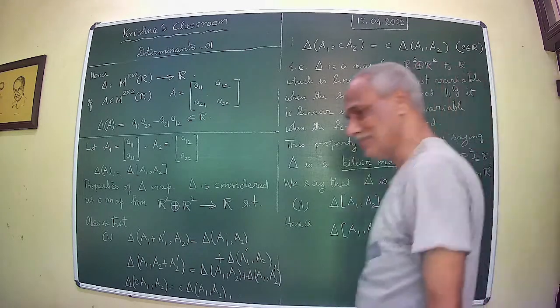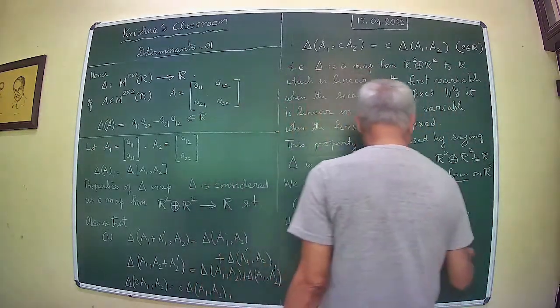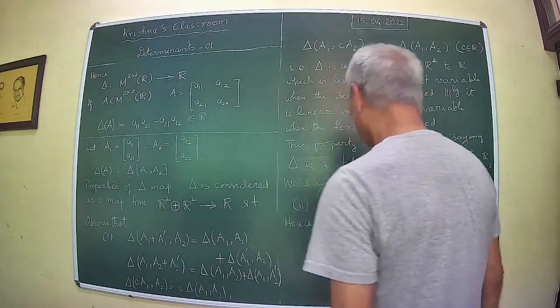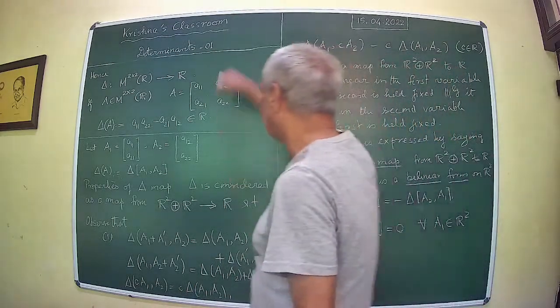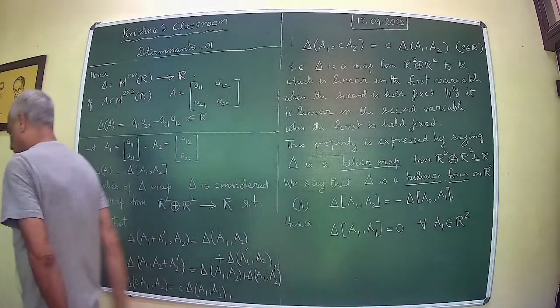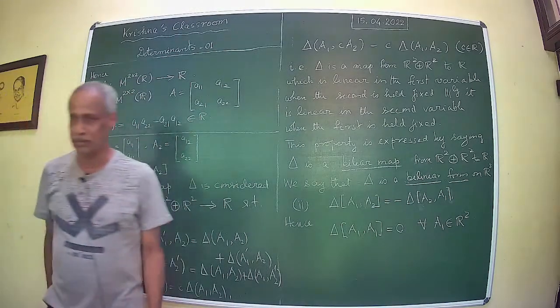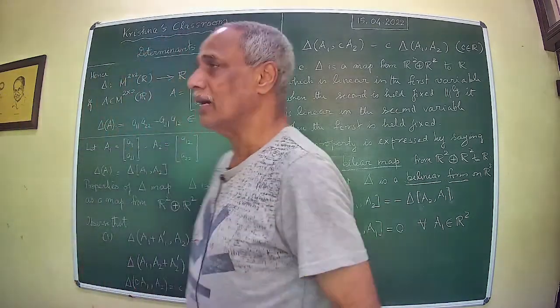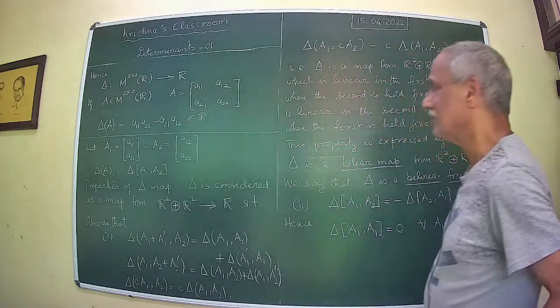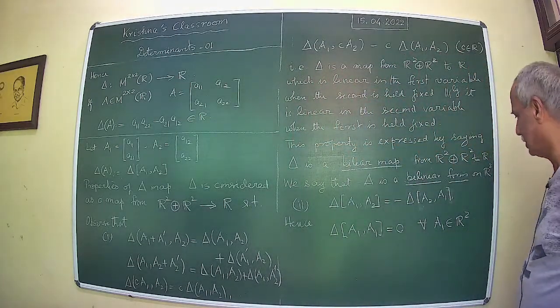That means if you have two columns of the matrix the same, then the determinant is equal to 0.